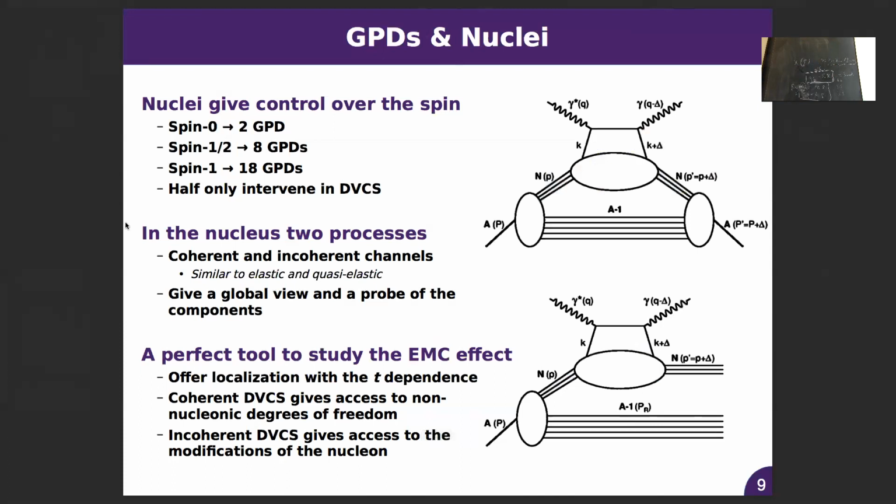And as it happens, because the spin is 0 at the start and the end, you cannot have spin exchange. And so it kills the H tilde and E tilde. So the H GPD in that case is actually the sum of H and E in the nucleon. So maybe there is some hope to get some things.